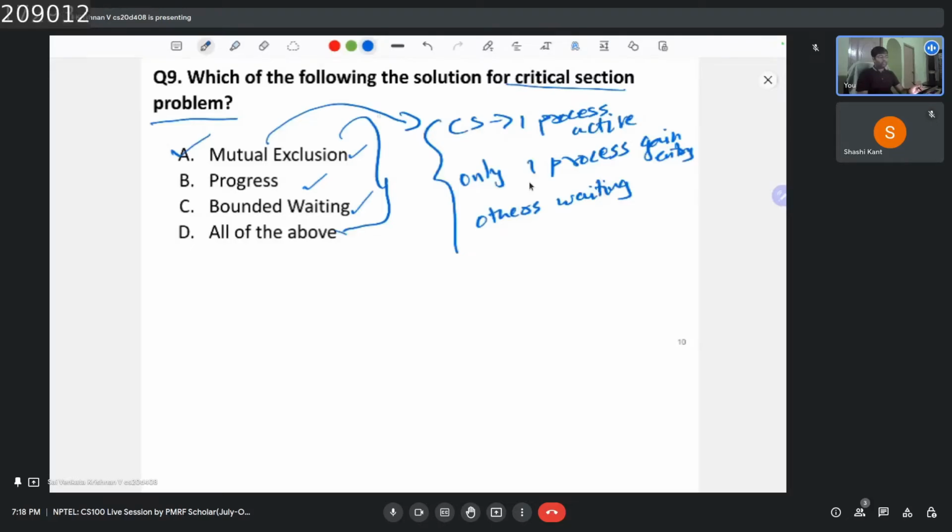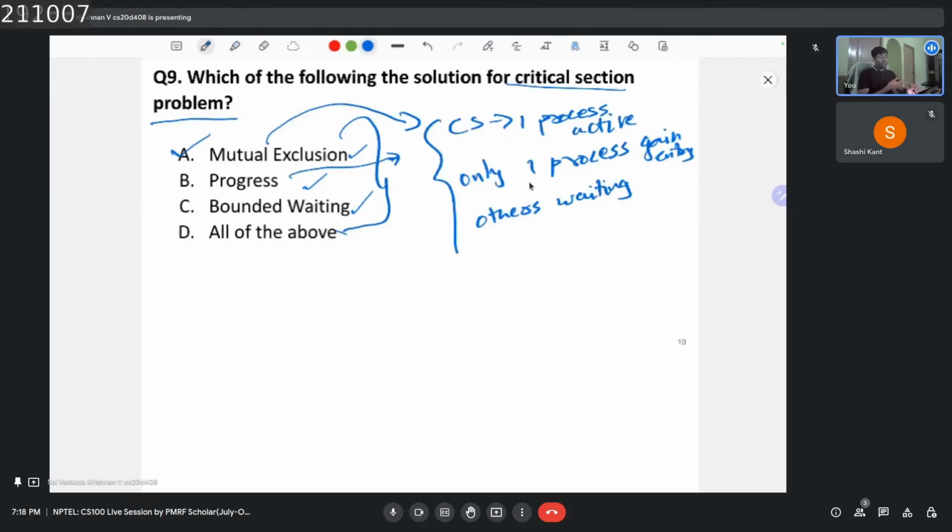And progress is, say, if multiple processes are there, and only one process wants to gain entry into the critical section and the other processes do not want to enter, then the algorithm should be designed in such a way that that waiting process should immediately be given entry into the critical section, so it makes progress.